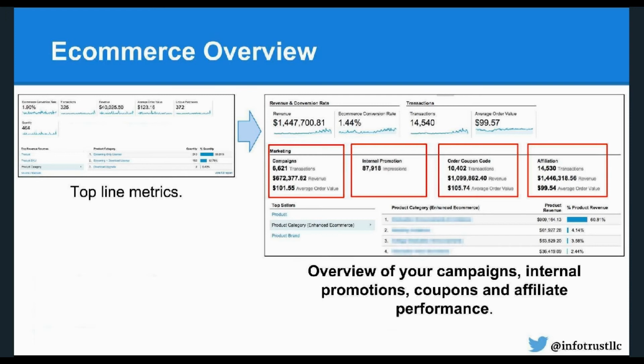Can you actually look at internal promotions? So if you were to promote a specific block of products on your site through a different area of your site to encourage upselling or cross-selling, how are those internal promotions actually impacting your business? If you were to look at individual coupon codes, can you look at how those coupon codes change your overall basket size or how they drive sales for individual products?